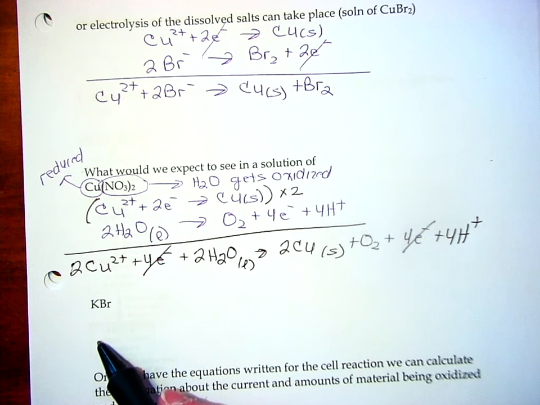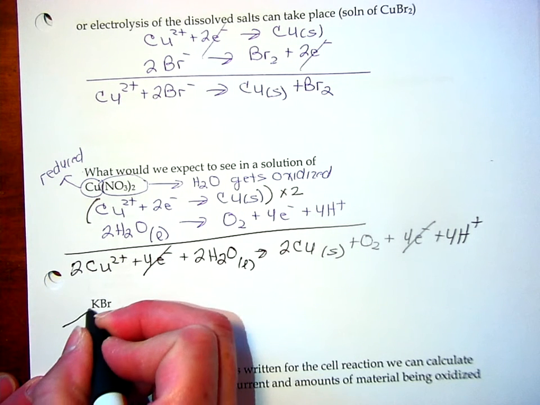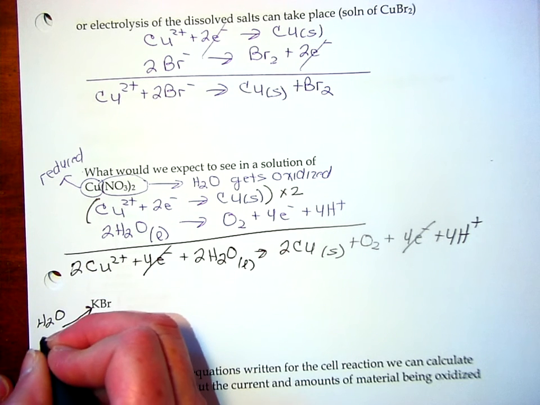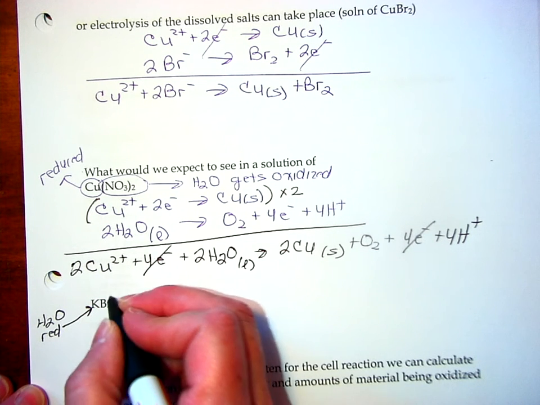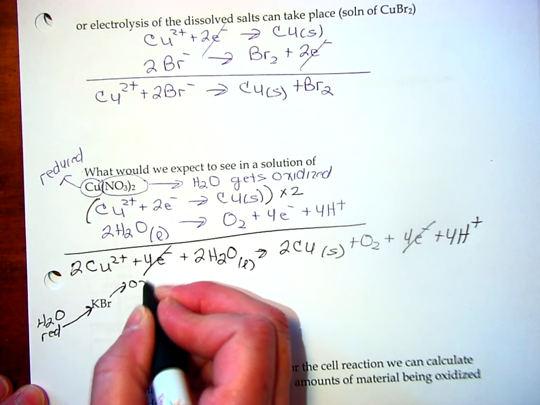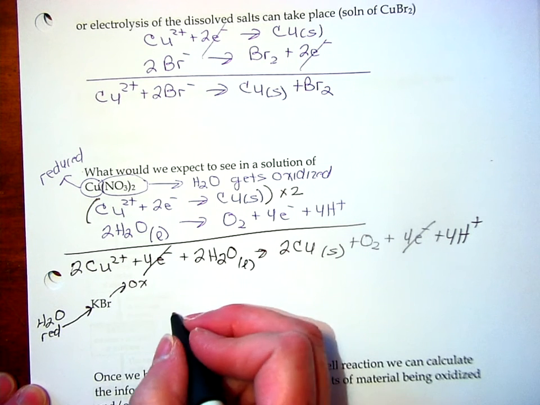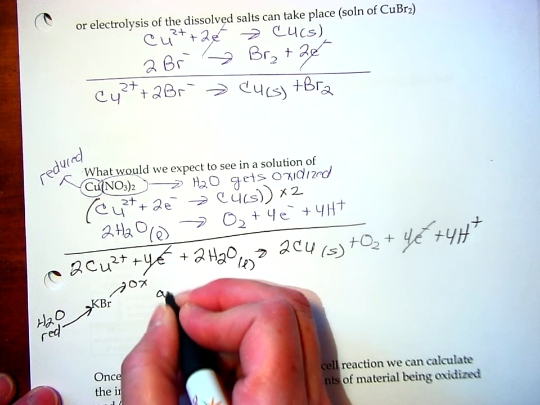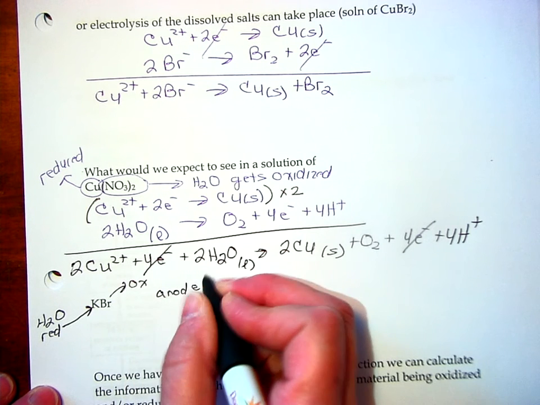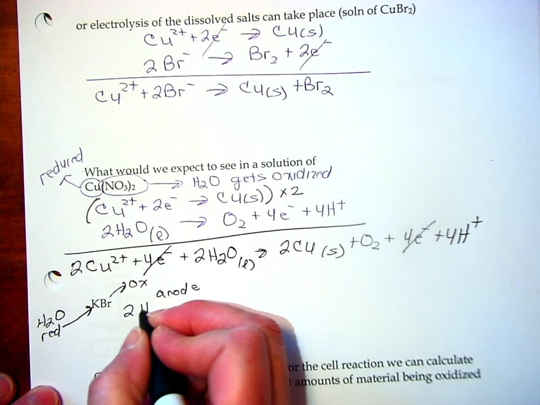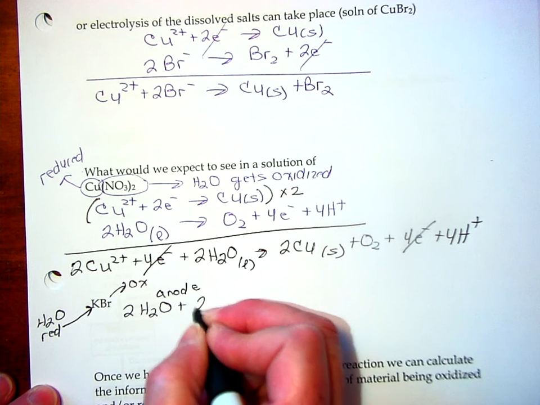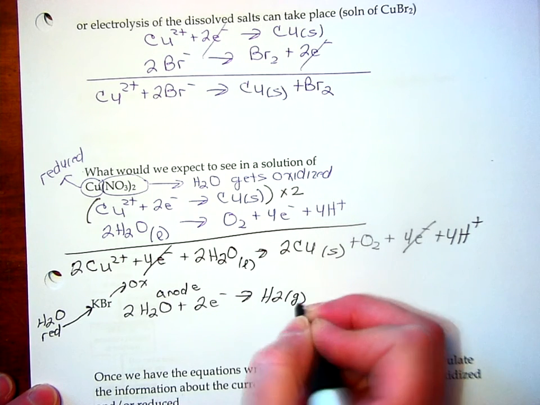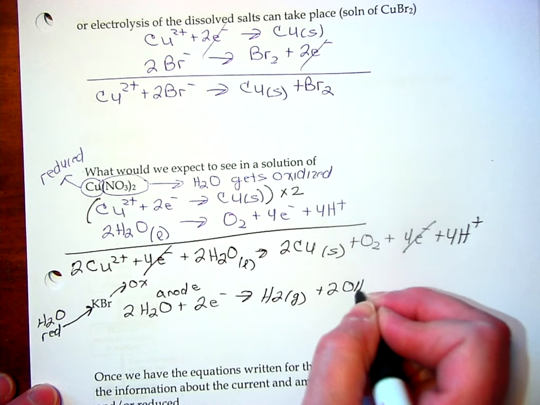Now let's look at potassium bromide. Previously, when we had potassium in solution, we had the water undergoing reduction at the cathode, and the bromide was oxidized at the anode, so that's what's going to happen here. So at the cathode reaction, we have 2 waters plus 2 electrons yields hydrogen gas plus 2 hydroxides.